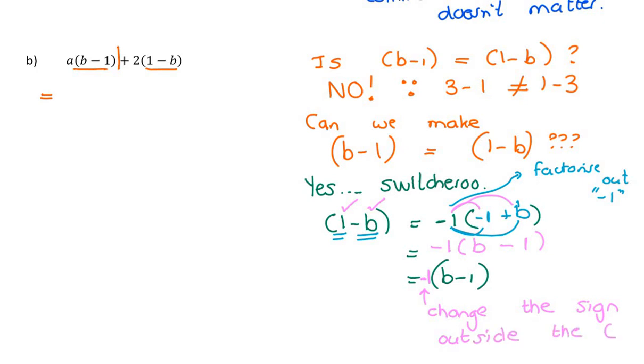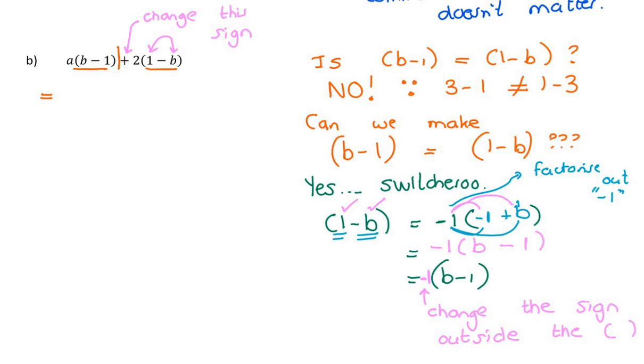So 1 minus b is the same thing as minus b minus 1. So I can swap these around if I change this sign. So every single time we don't go through this whole thing of factorizing out a negative 1 and swapping it around, we kind of go, oh, that's interesting. You're factorizing out a minus 1 and then it does match.